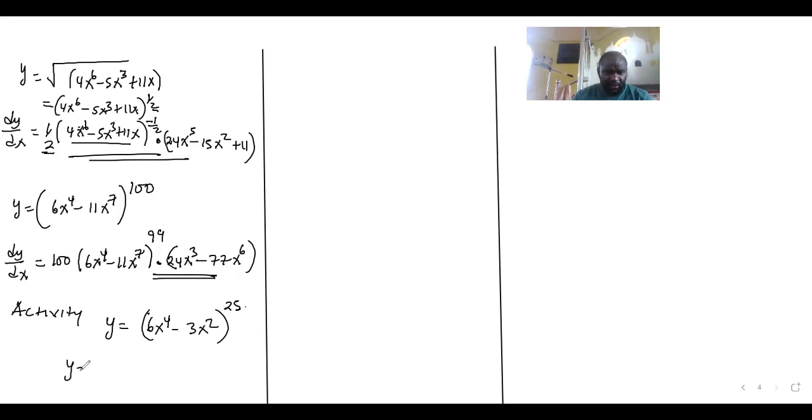The second one is y is equal to root of 6x^2 minus 6x^3 minus 11. Try those two numbers before I can merge PTA with product rule.